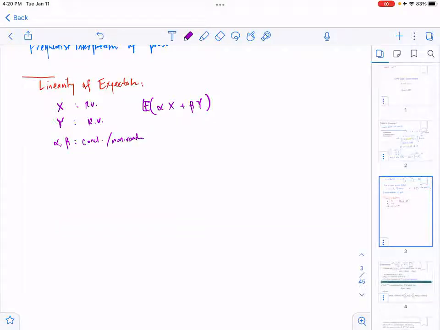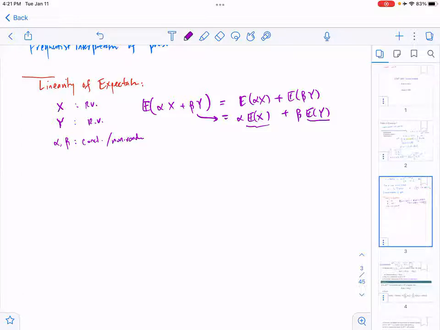But once you do it, you realize that this is equal to, I can distribute it over the sum. So I get the expectation of alpha X plus the expectation of beta Y. I can split it over the summation, and then I can pull out the constants. So you can pull out the constants and break the sum up, and if you know the expectation of these two, then you know the expectation of any linear combination.